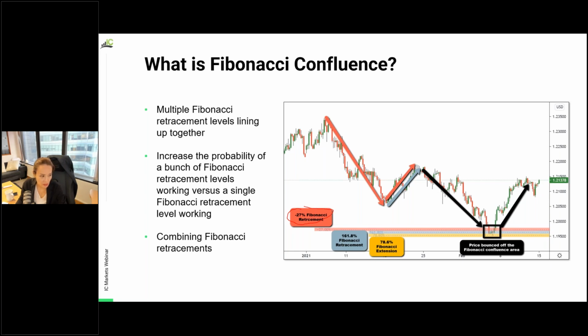Actually, this is Fibonacci expansion, and when you draw Fibo from this level, this is your starting point for Fibonacci retracement, right? And you can see that 78.6% is here, right? I think it's best to bring you to the live chart.